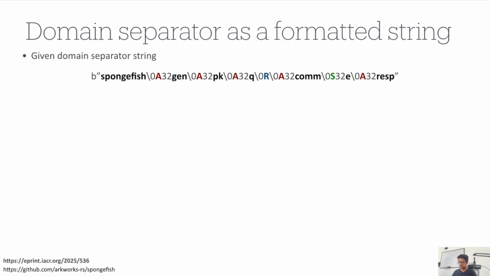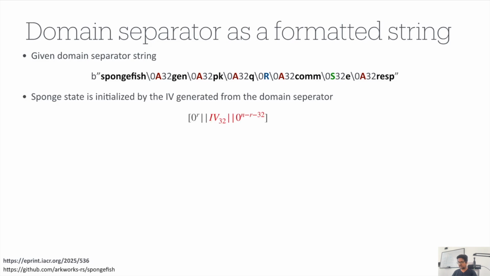Okay, so given a domain separator string like what we saw before, the sponge state is initialized by the initial value. You essentially hash this with whatever hash you are using to 32 bytes. If for some reason the domain separator string is larger than 32 bytes, then you sponge it until you get to 32 bytes.